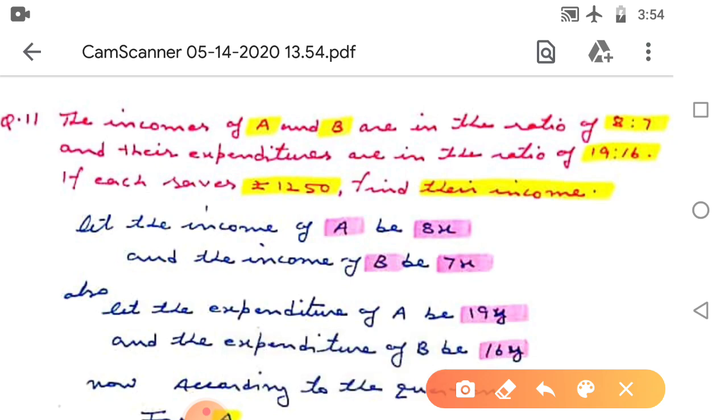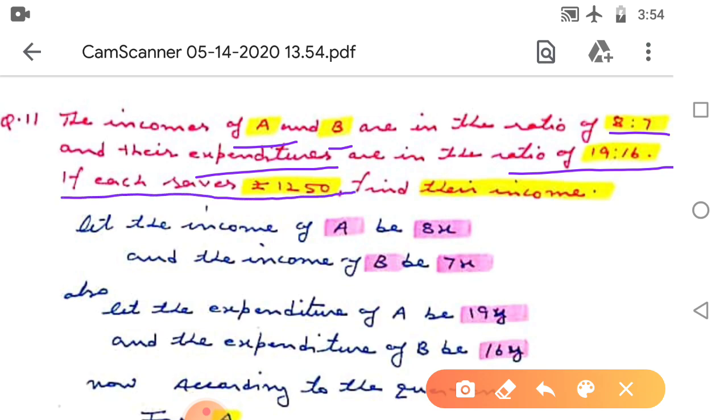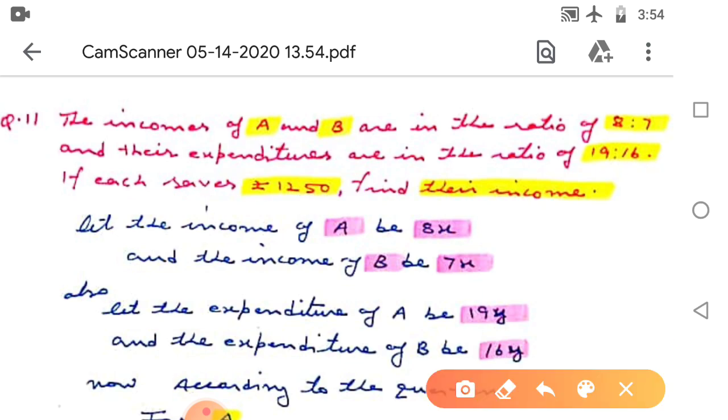Question number 11: the incomes of A and B are in the ratio 8 is to 7 and their expenditures are in the ratio 19 is to 16. If each saves 1250 rupees, find their income. Once again, look at this.